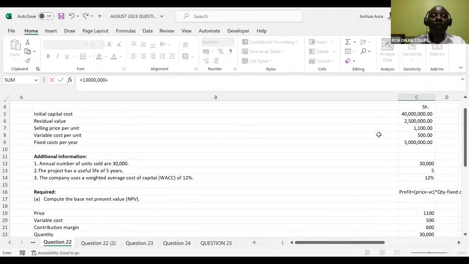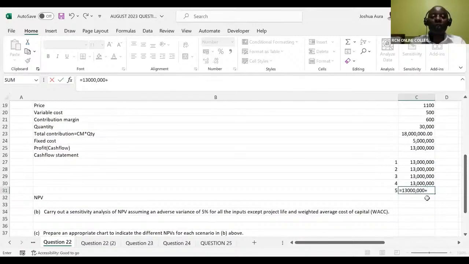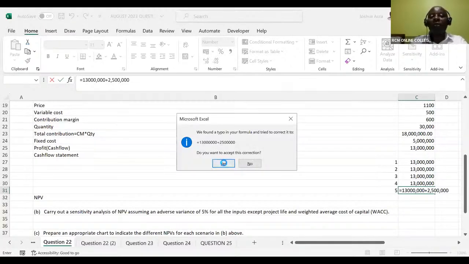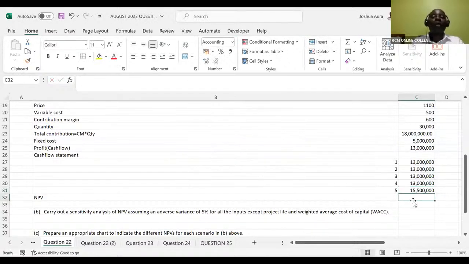It is here, residual value is 2.5 million. So go back here, add the residual value, it is 2,500, like that. You say enter, no typos. So 15.5, like that. Now we are in a very good position of computing the net present value.